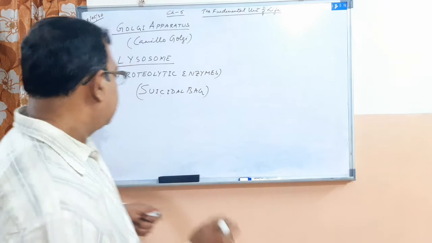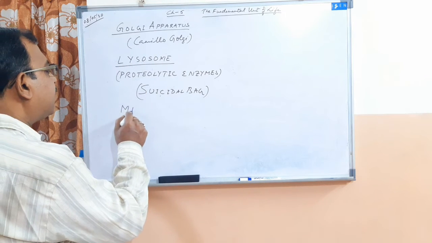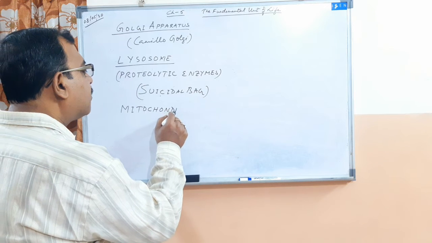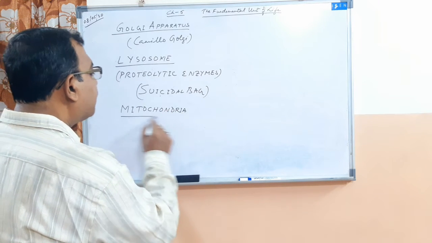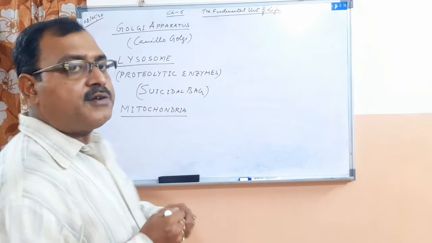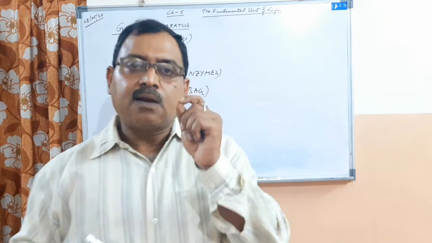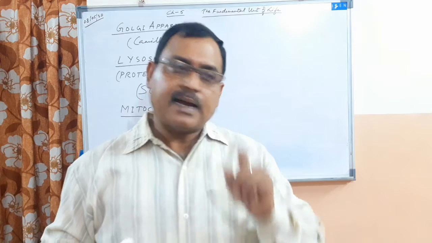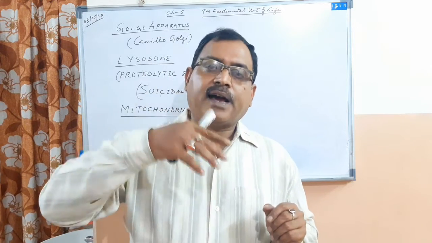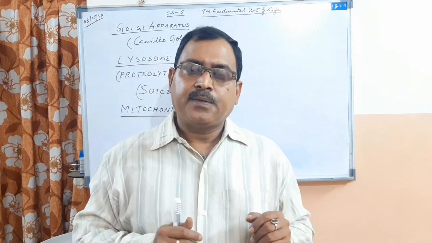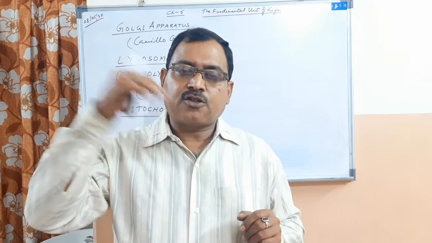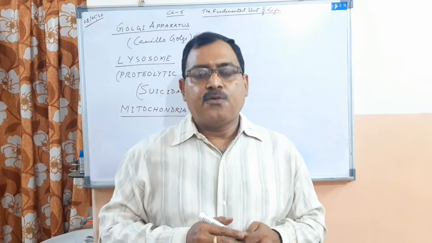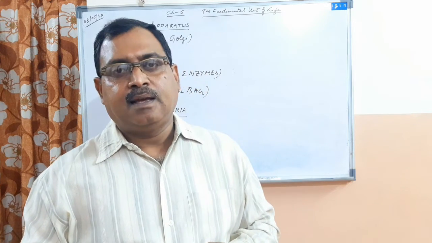Next we come to another important structure which is called mitochondria. Now mitochondria is a cell organelle which has two membranes. The outer membrane is porous and the inner membrane is thrown inside the mitochondria in the form of projections, which are called cristae.